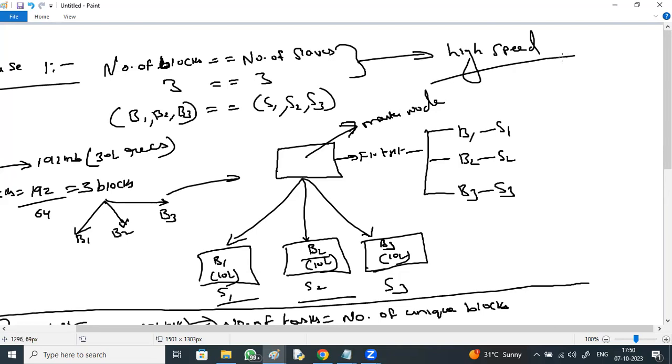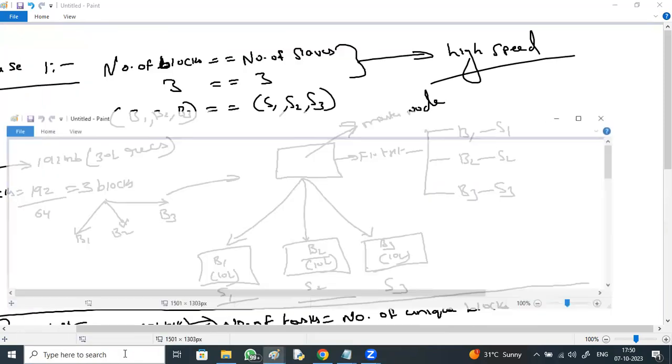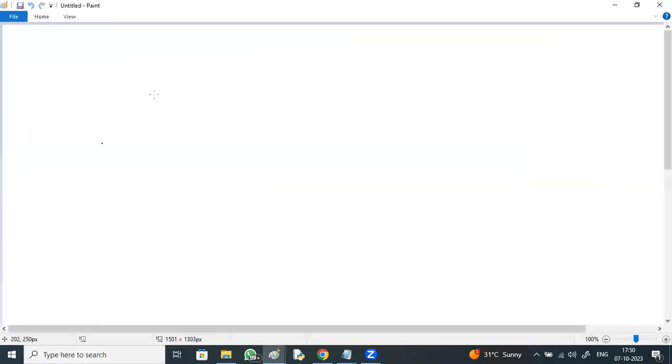Observe this case 2, right? Here the number of blocks is greater than the number of slaves.